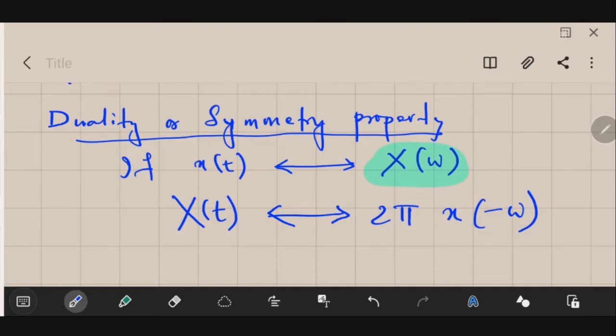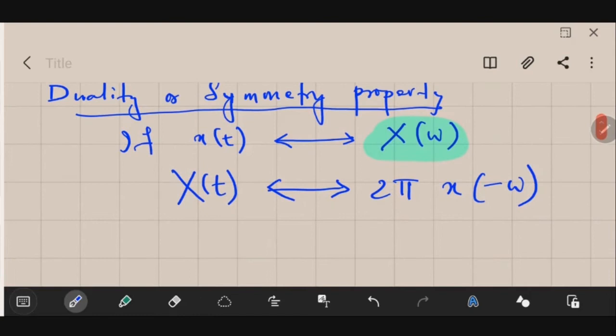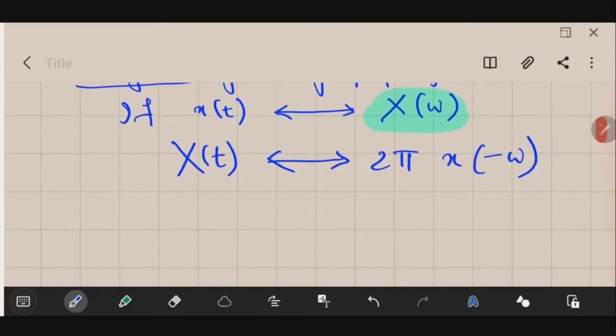Okay, so let me give you an example of how it will be applicable. Let's say we have a signal like this. Let's say this is your x of t, and let's say this is from minus tau by 2 to tau by 2.